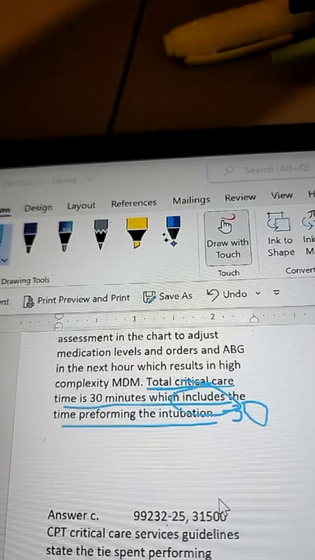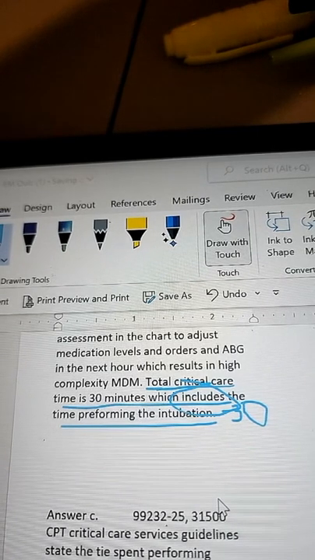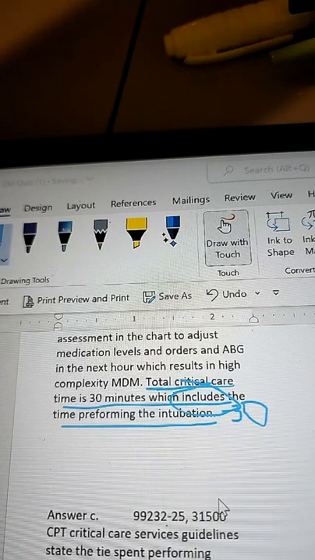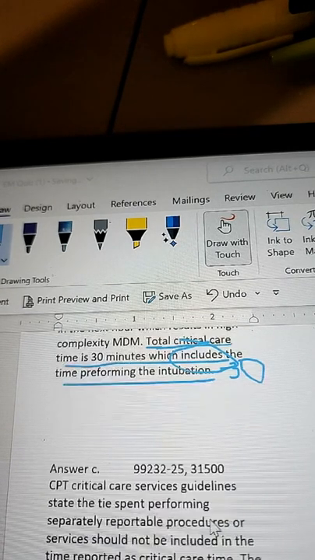The time spent performing the intubation is a reportable procedure because it is not among the list of included procedures listed for critical care services, but it is for peds. It's just not for adults. Anyway, they don't say that.